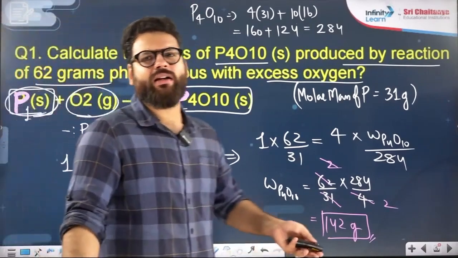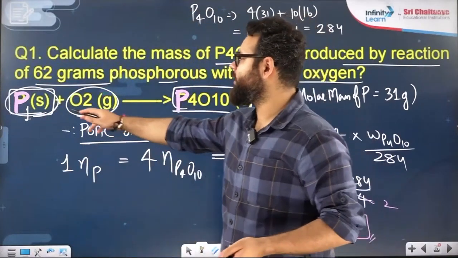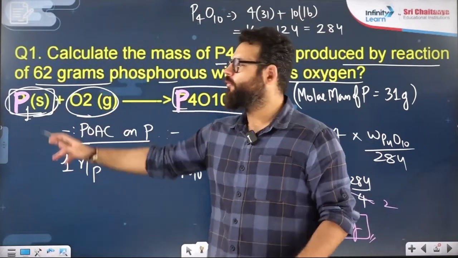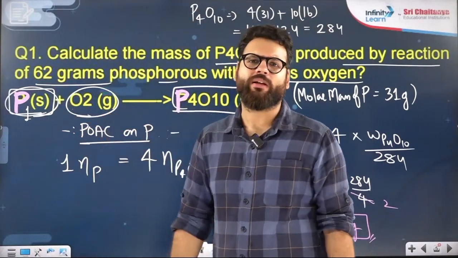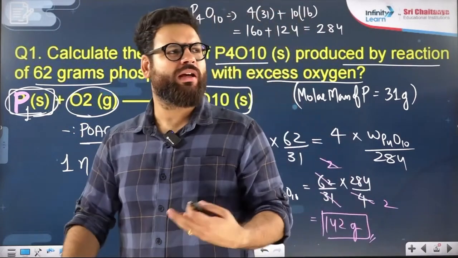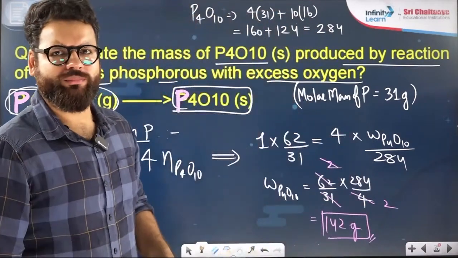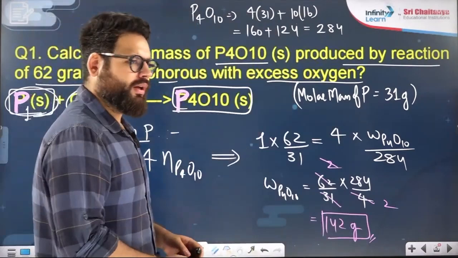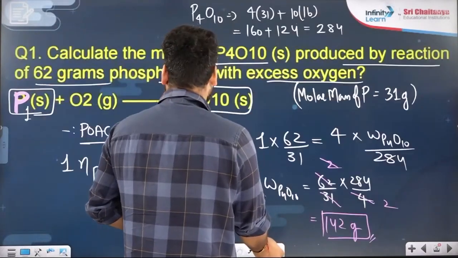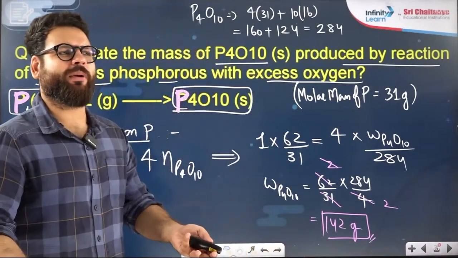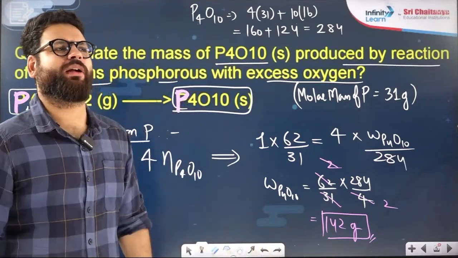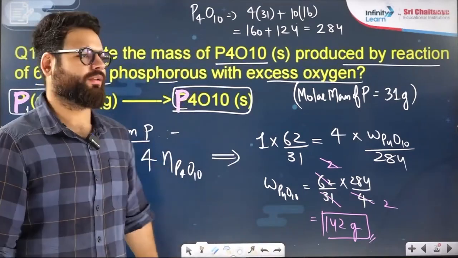In that case, I can't conserve them. In phosphorus and O2, there is no common atom. So I can't conserve anything here. So here I have to use the unitary method. I have to balance and go. So you can use it if there is conservation happening. If there is no conservation happening, in that case, you go for unitary method.